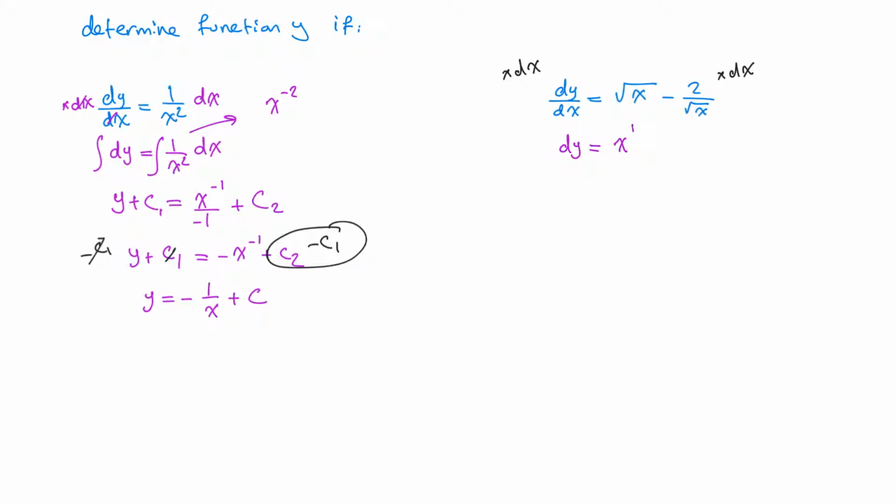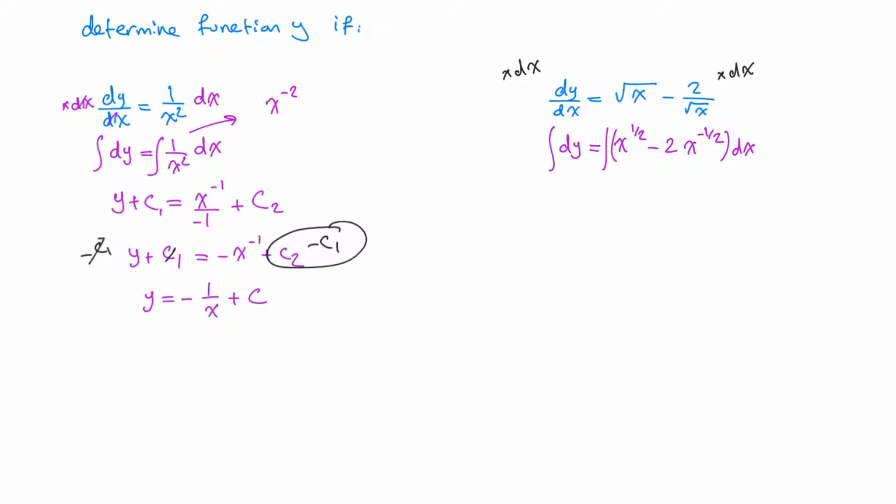So it becomes x to the 1 over 2 minus 2x to the negative 1 over 2 here, dx, both in brackets, and I will take the integral of both sides.